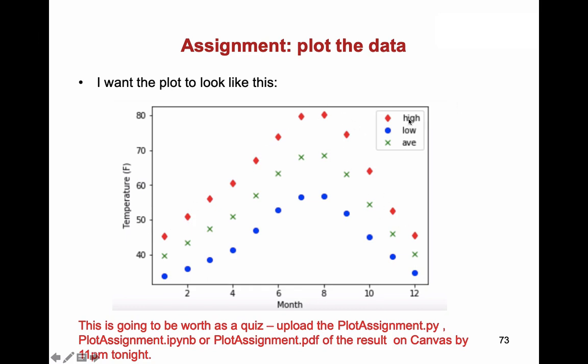This is high data. I want the other two as well on the same plot with these type of markers. So average is a green cross and blue circle. I want an annotated graph. This is data obviously in Fahrenheit. I don't think that there is a place on Earth with 80 degrees Celsius just yet. Okay. And month. So I want a plot like this.